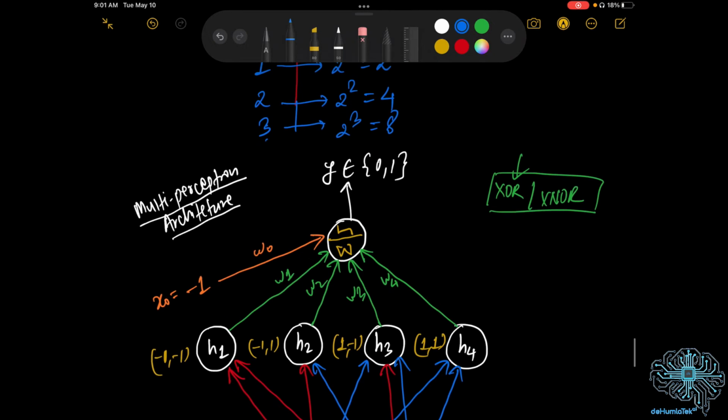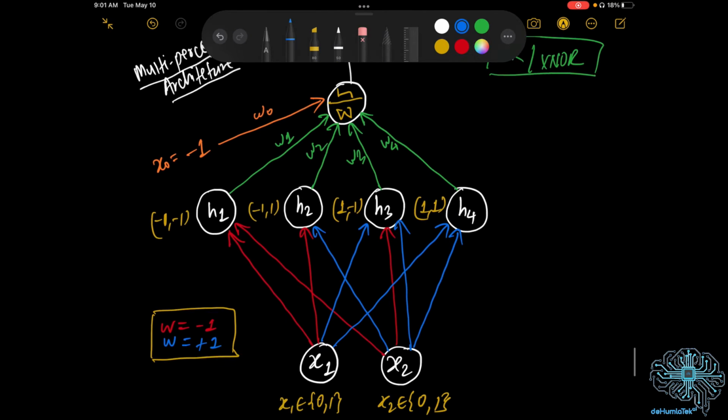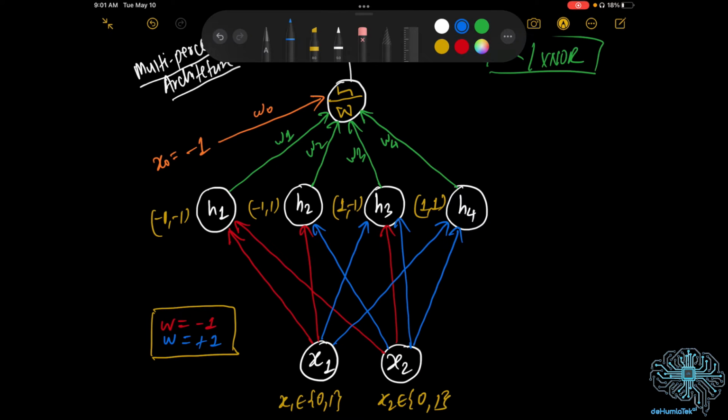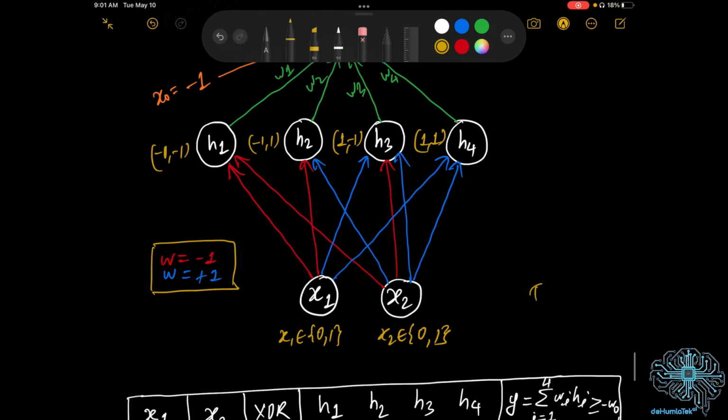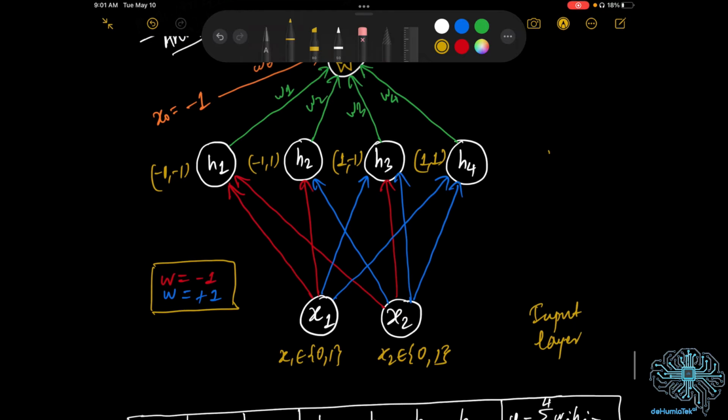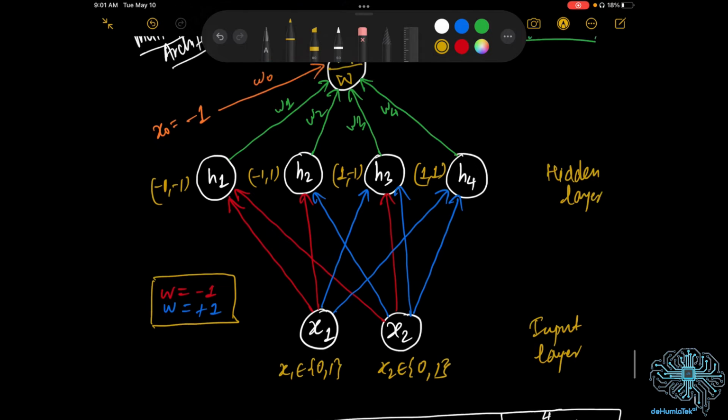We have already discussed, for different numbers of inputs, what the minimum number of perceptrons needed in the hidden layer would be. So this is the hidden layer. This one is the input layer, this one is the hidden layer, and this one is the output layer.